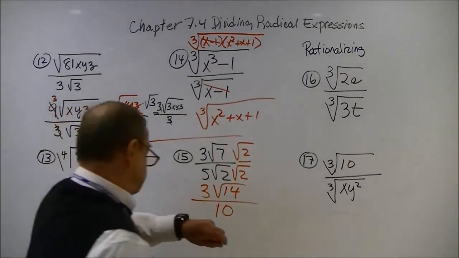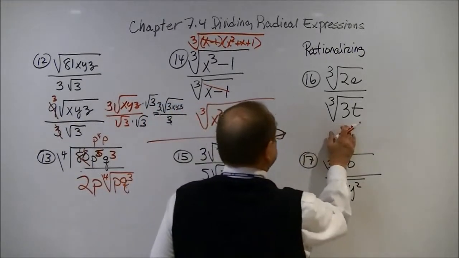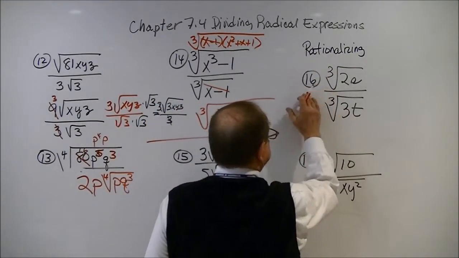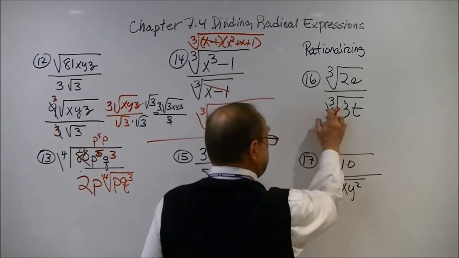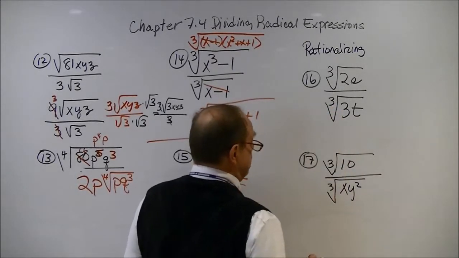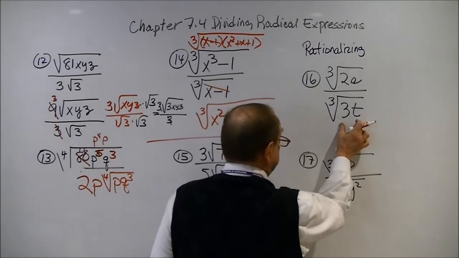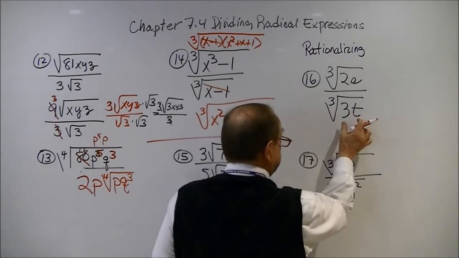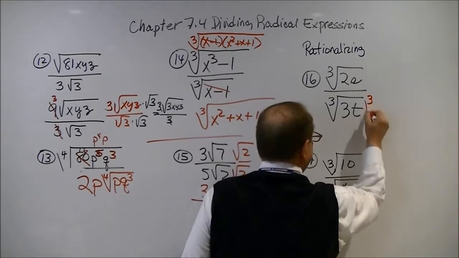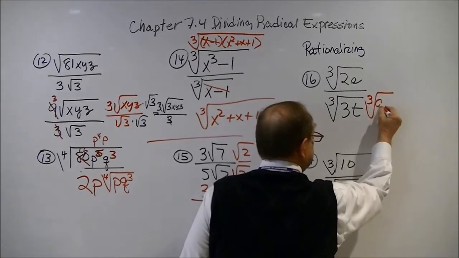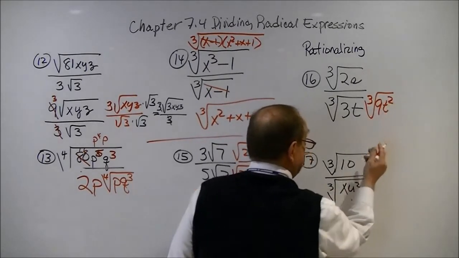Now, for number 16, as we look at it, we want to rationalize this denominator. But notice the index number is 3. So we have to make this a perfect cube. So to do so, we're going to have to multiply it by the cube root of 9t squared.